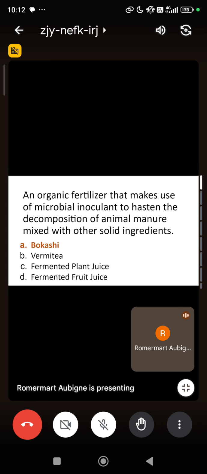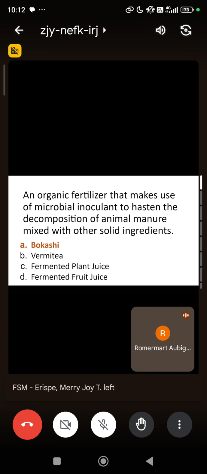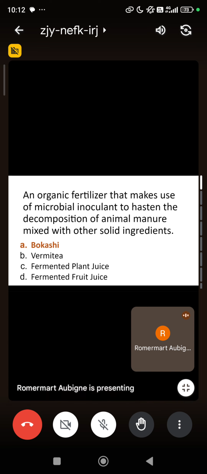Bokashi composting is known for being a quick and efficient way to process food waste and can be done indoors, making it a popular composting method for urban dwellers or those with limited outdoor space.